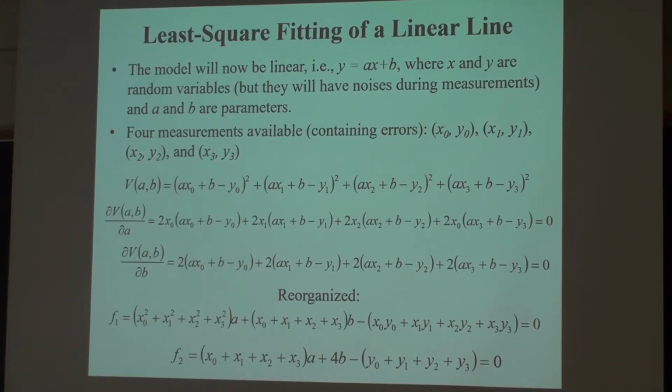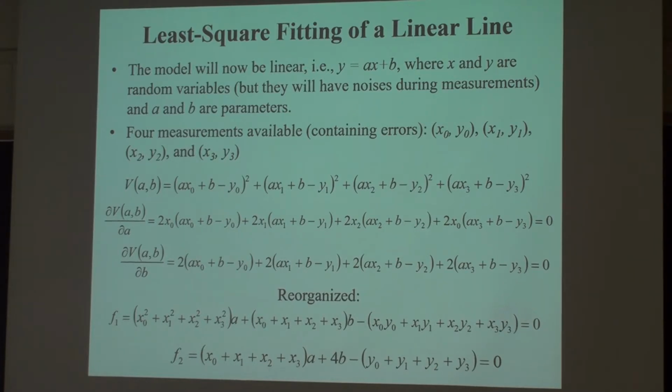So you can write down this V, walk through, take the partial with a, it becomes this equation. Take the partial with b, it becomes these equations, reorganized according to a and b. Your F1 coming from here is this, your F2 is this.